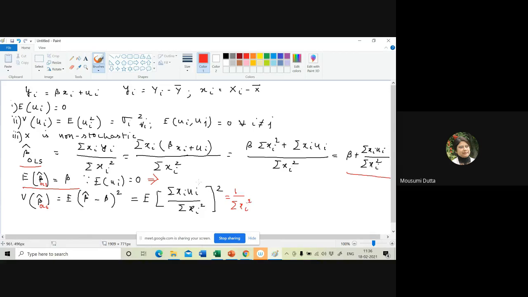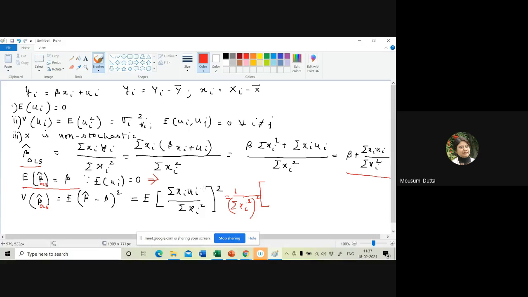I'm keeping this part, that is whole square of 1 by summation xi square, outside the range of expectation as we are considering non-stochastic xi. Then I need the spread of these summation xi ui along with expectation.